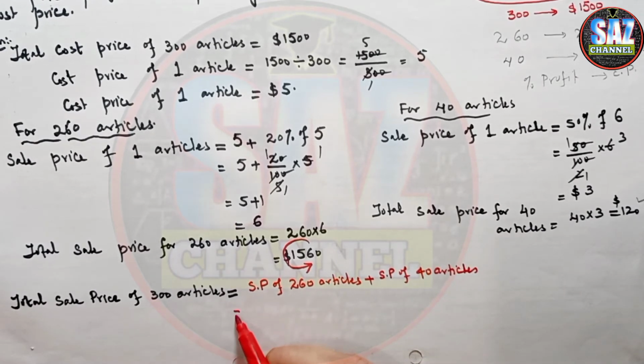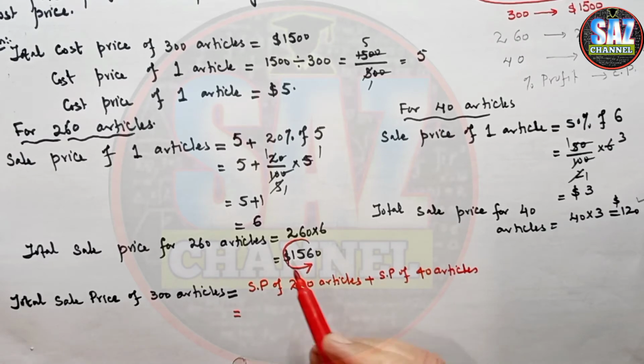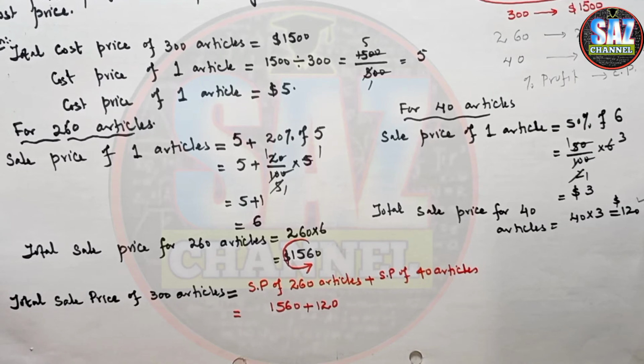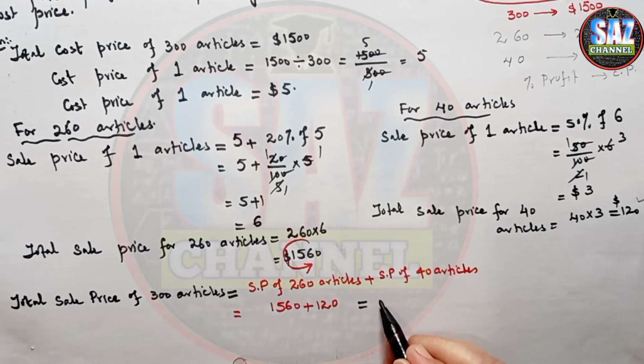Now the sale price of 260 articles is $1560 plus 120. Let me add them up carefully. 1560 plus 120 will give me $1680.